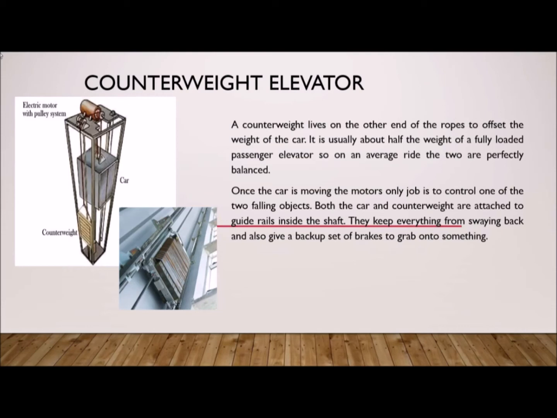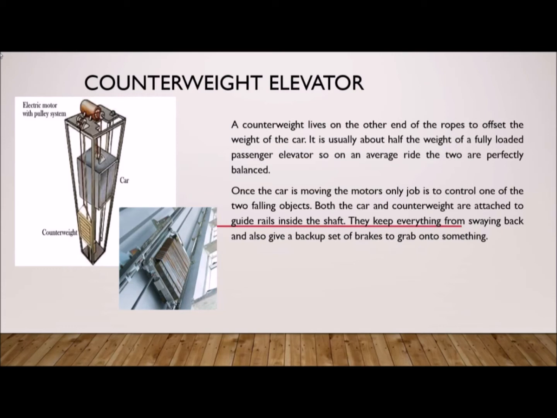It is usually about half the weight of a fully loaded passenger elevator, so on an average ride the two are in perfect balance. All the motor needs to do is move the car by providing a nudge to tip the balance one way or the other.